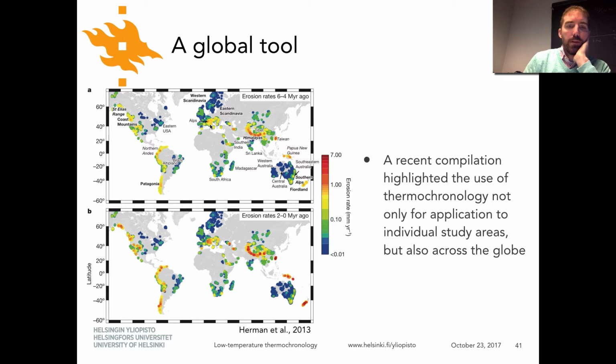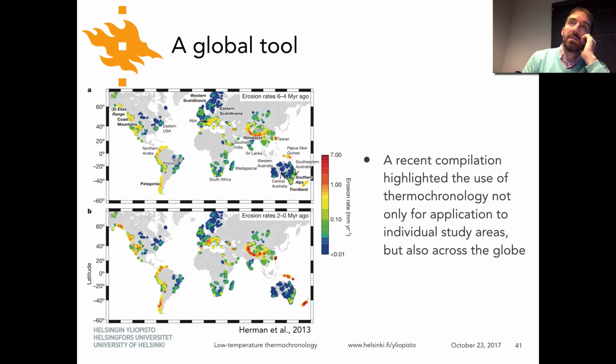This is a figure out of a recent compilation of thermochronometer ages from across the globe. And you can see that there are some places where thermochronology has not been used, or at least not published. But the data density is highest in mountainous areas like the Himalaya, the Andes, some of the mountain ranges in Western North America or the Southern Alps of New Zealand.